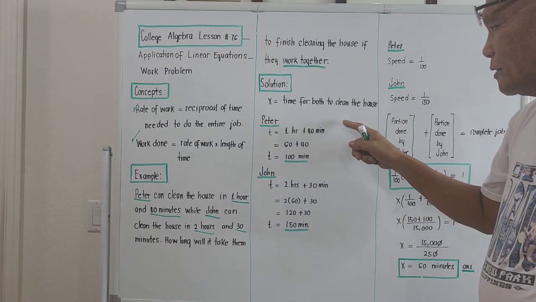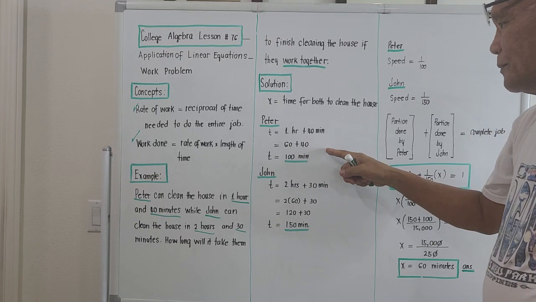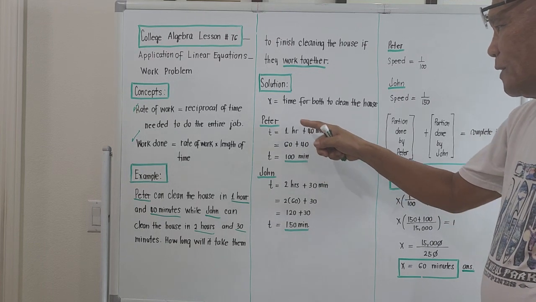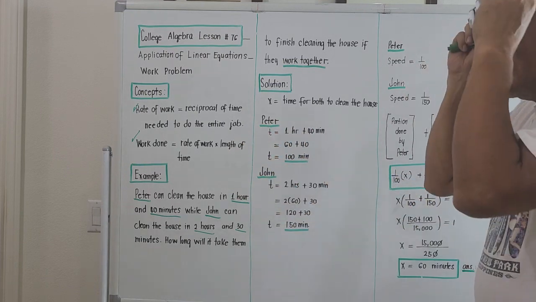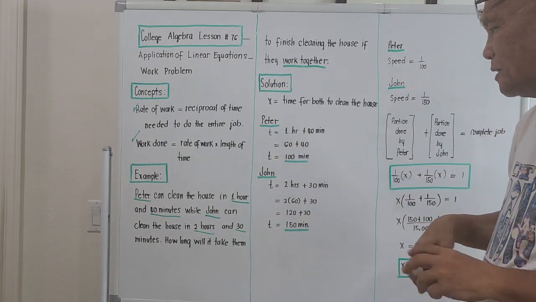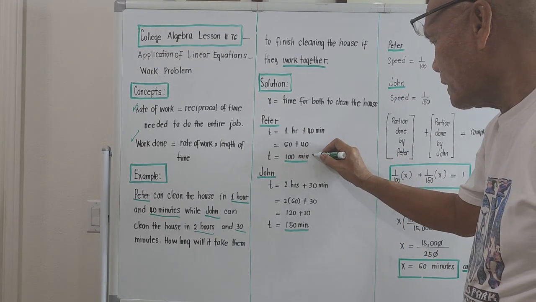So 1 hour and 40 minutes is 60 minutes plus 40 minutes. A minute and a minute we could add, right? They are of the same nature. So 60 plus 40: for Peter, the total time to clean the house will be 100 minutes.